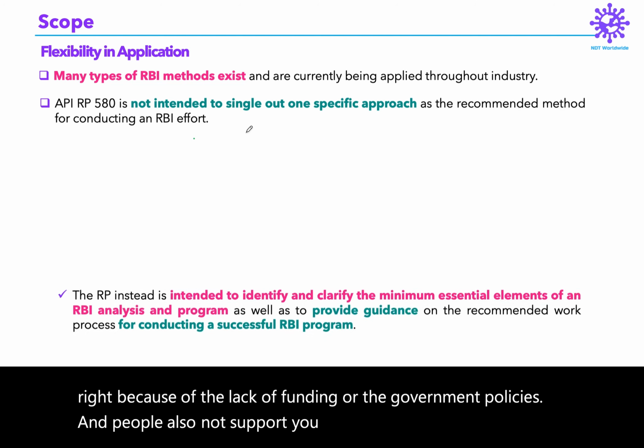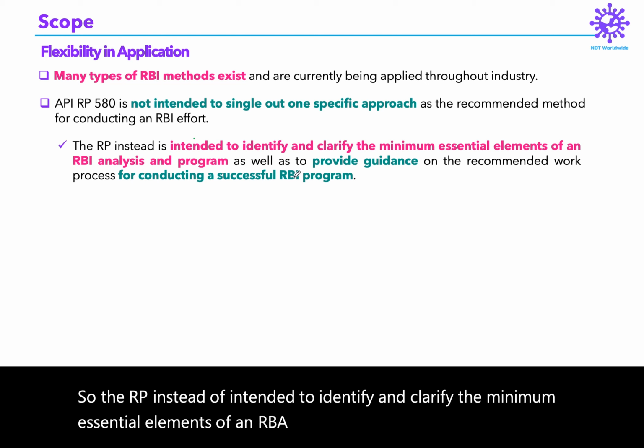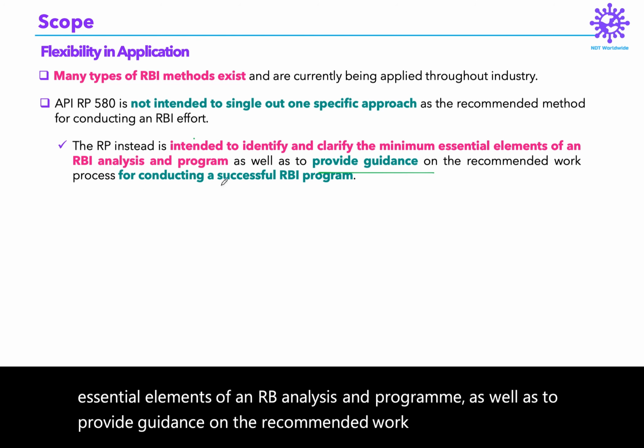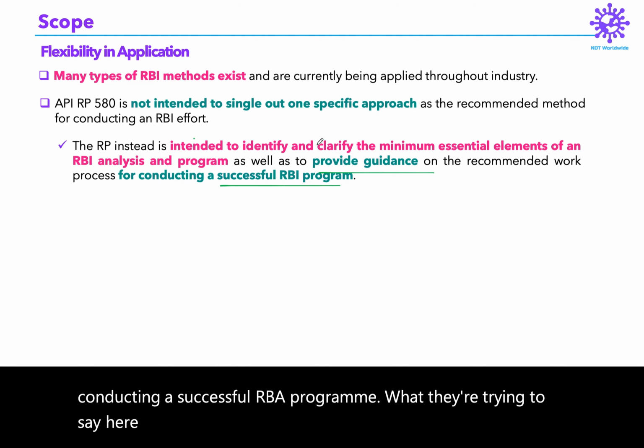So the RP is intended to identify and clarify the minimum essential elements of an RBI analysis and program, as well as to provide guidance on the recommended work process for conducting a successful RBI program. What they're trying to say here is that when you read the next chapters, you will get clear guidance.